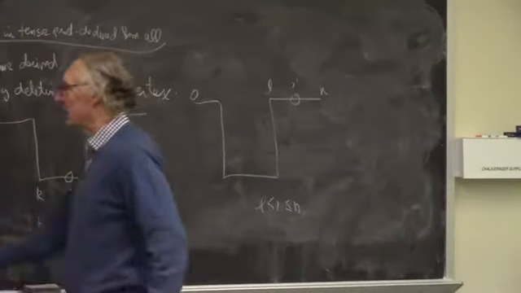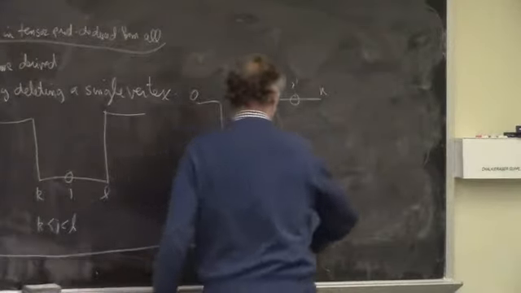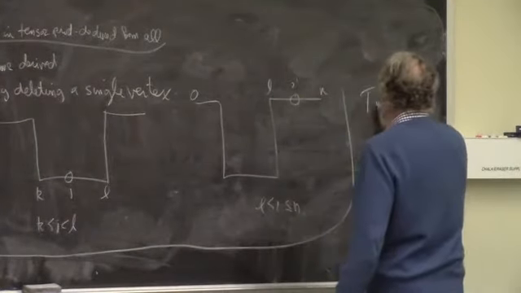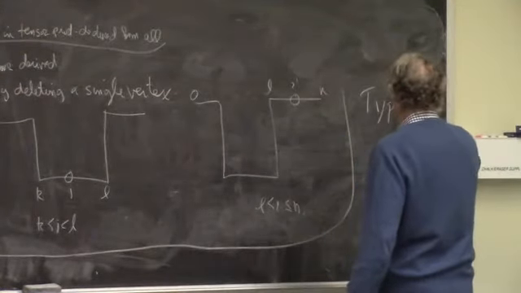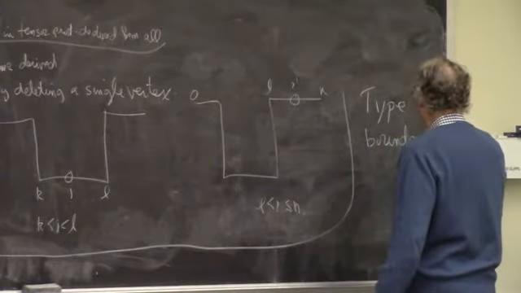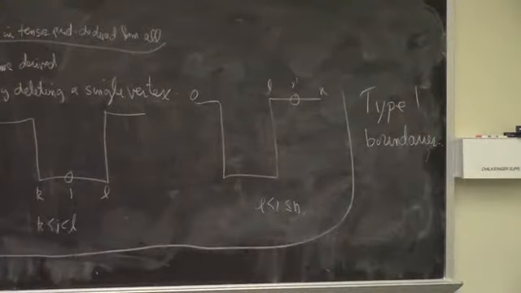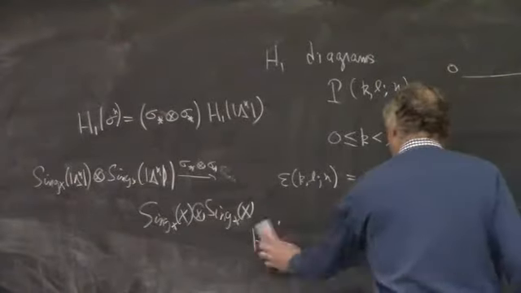So this is one class of boundaries. We'll call these type 1 boundaries. But there's another type.